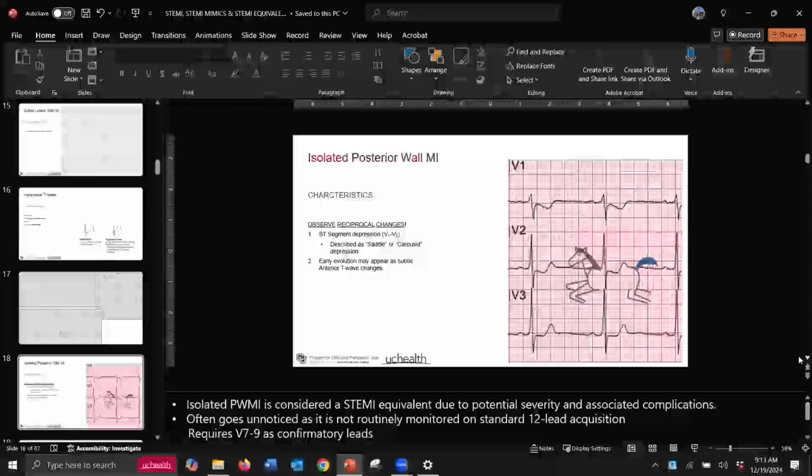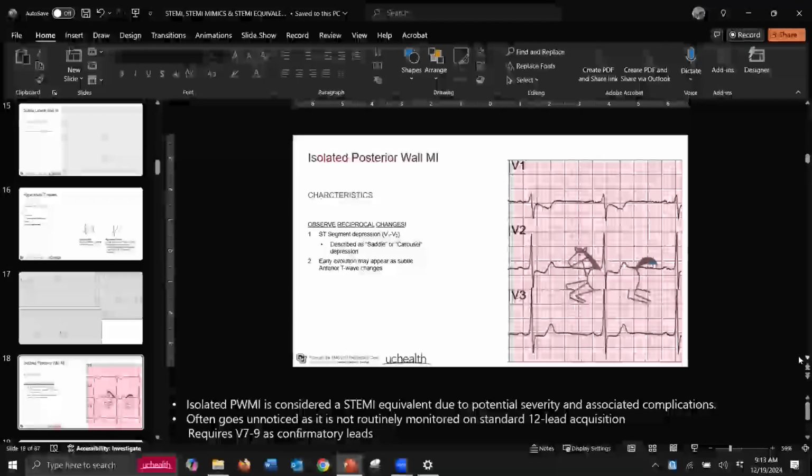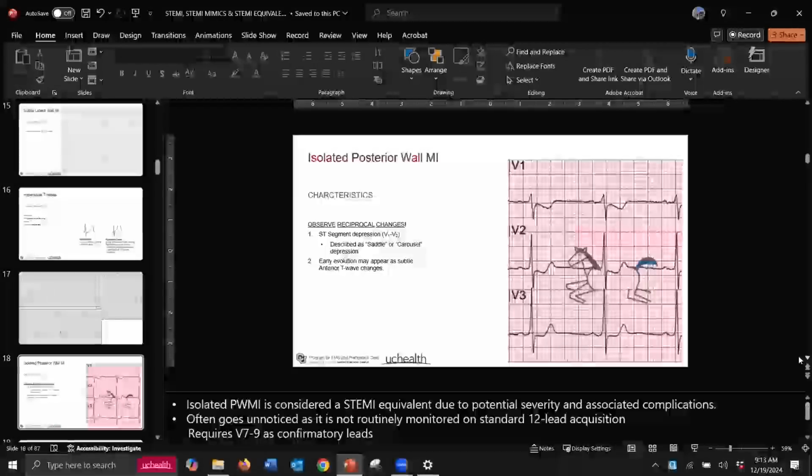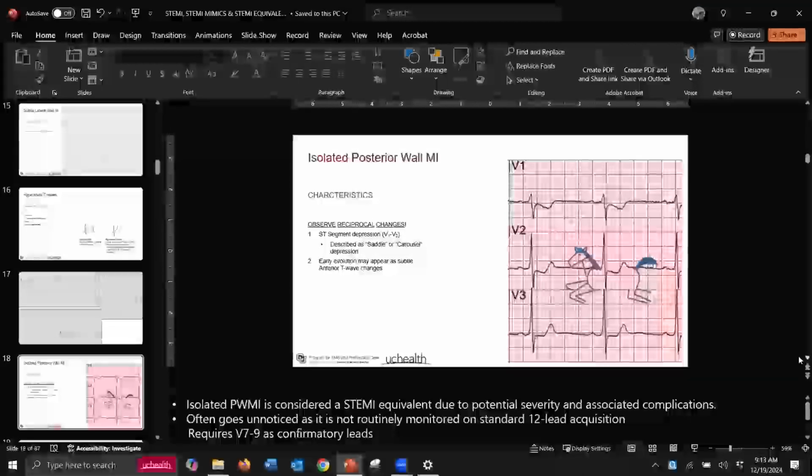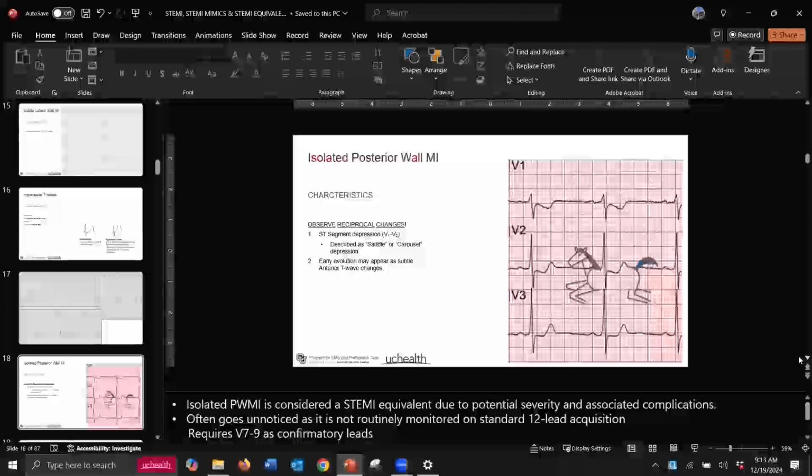So 18, like just the new Lifepack 35 that you can do, 18, it's all right-sided, all left-sided, and posterior. They taught us, take your V leads, move those to the posterior, mirrored where you would have them on the anterior side. I've never actually done it though.